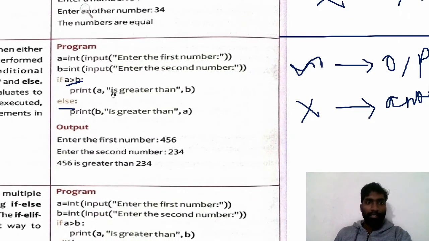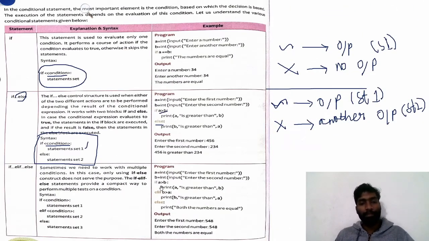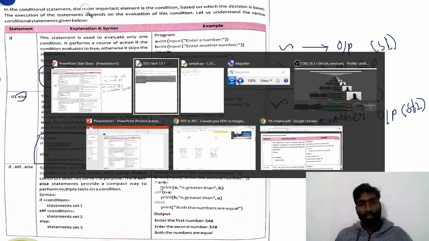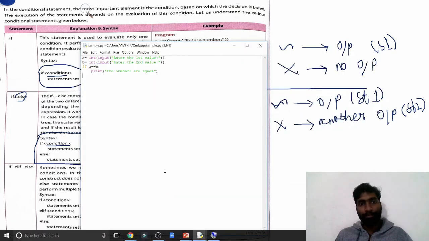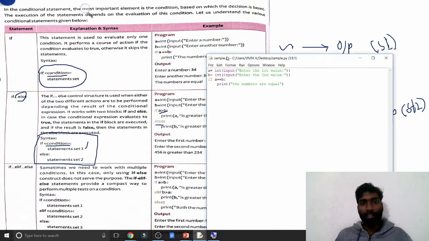If A is greater, this output will be generated. If A is not greater, then this output will be generated. Now we will type this program. Kindly see, I am opening that program again. Now see what we are going to write.